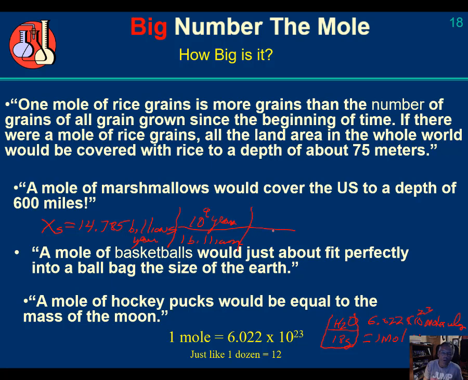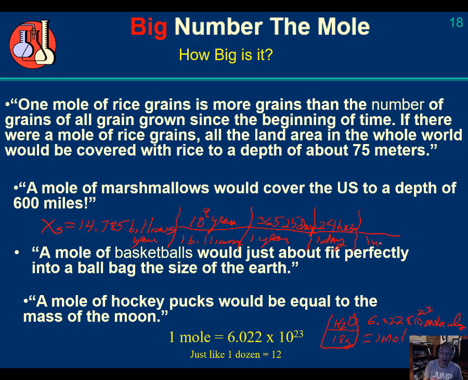Okay, well, 1 year is equal to 365. We got to add that 0.25 days for the leap year. Every 4 years you get an extra day. You get 29 days in February. And then 1 day is equal to 24 hours.